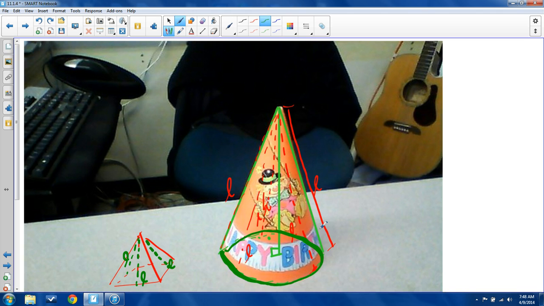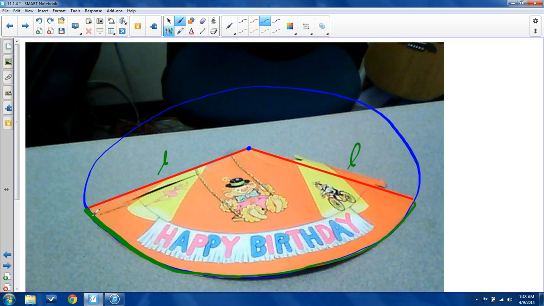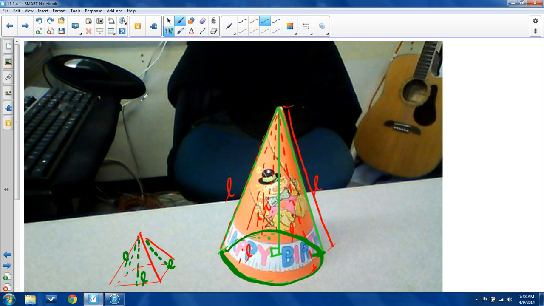But if we take this at one point, like right here, and we unfold the whole cone, that circular part is this bottom portion right here. So as I go from here all the way around to here, that is the same distance as this right there, this green. So this distance is the same thing as the circumference of the base.